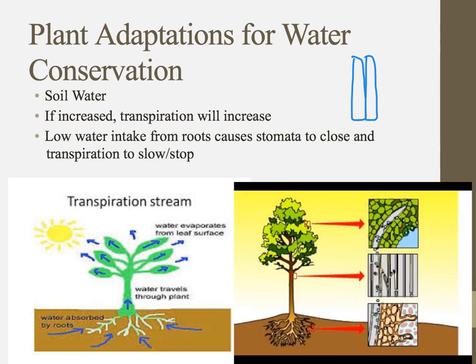When we have plenty of water, it causes the guard cells to open up and that stomata opens. So if I have a lot of water from the soil entering from the roots and then all the way up into the leaves, that's going to cause the stomata to open, which is going to cause transpiration to increase.